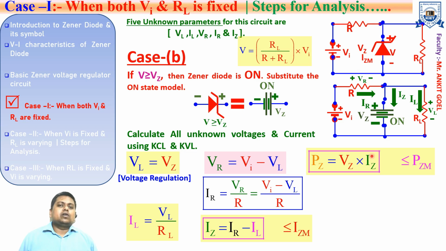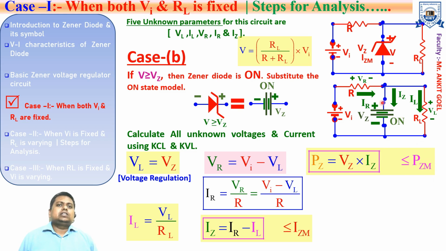Additionally, one more parameter will be calculated, which is how much power this Zener diode is dissipating for the given conditions. It can be found by multiplying the Zener voltage with the Zener current. Again, this Pz should come out to be less than Pzm. Otherwise, the Zener diode will break down permanently.